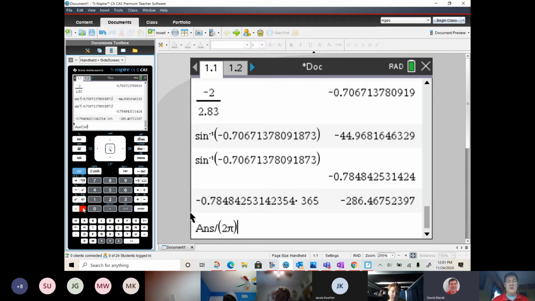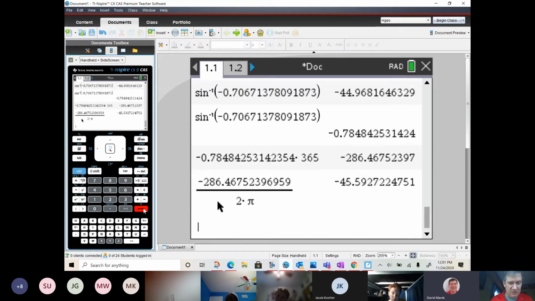I want to make sure that I'm dividing in parentheses by 2 pi, or I could do that in two separate steps. I don't want to type in my answer divided by 2 pi without the parentheses. It'll take this answer and divide it by 2 and then multiply it by pi. That's order of operations.